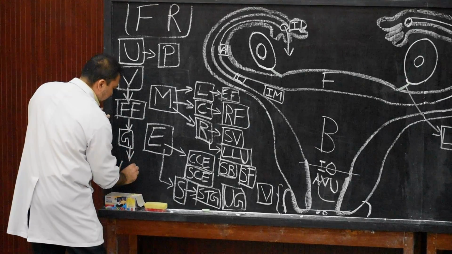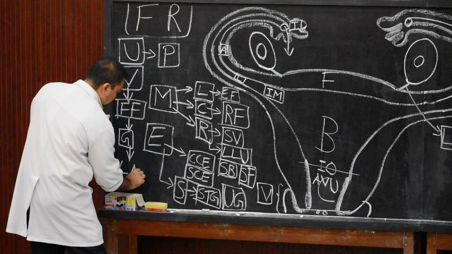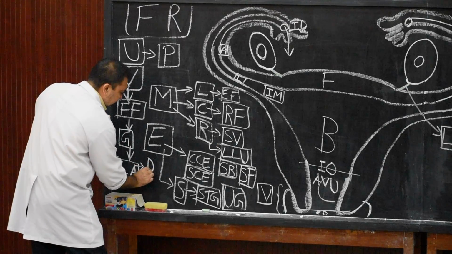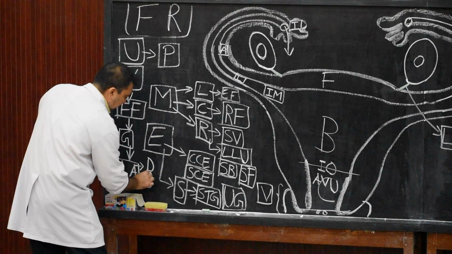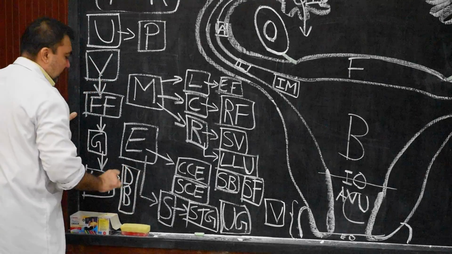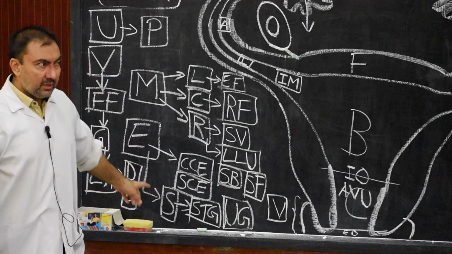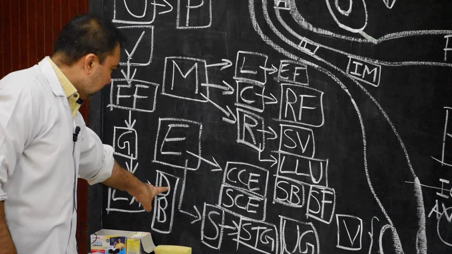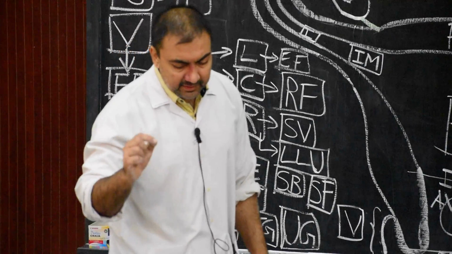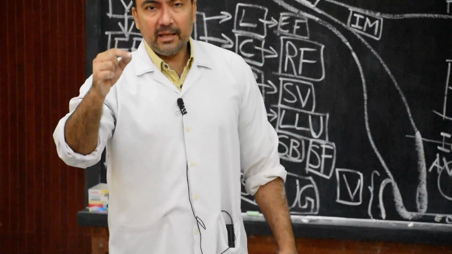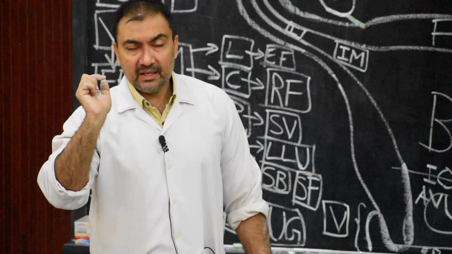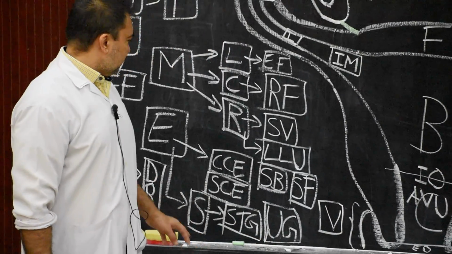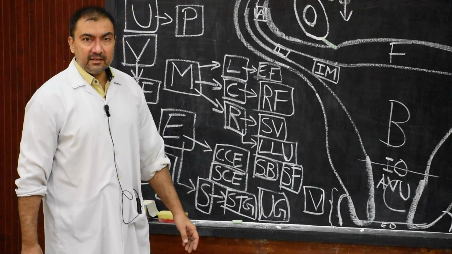Sometimes this is asked as a one mark question: what are Doderlein's bacilli? D-O-D-E-R-L-E-I-N. Doderlein's bacilli are the normal bacterial flora of the epithelium of the vagina, which convert glycogen into lactic acid.